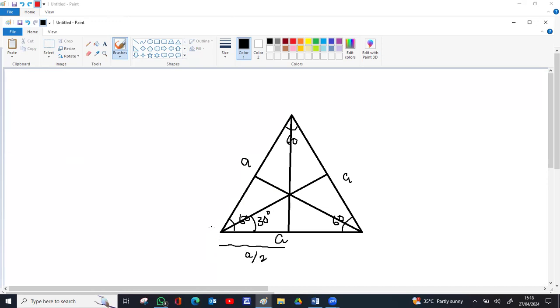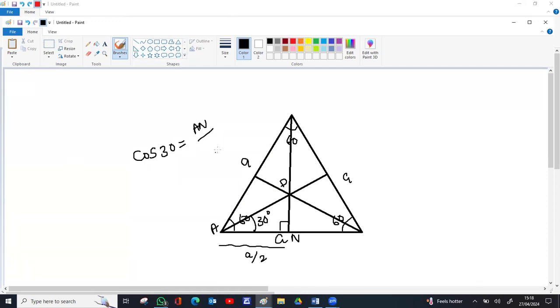Now we are supposed to find A to D. So from triangle ADN, N is a right angle. So take cos 30. Cos theta is adjacent side by hypotenuse.